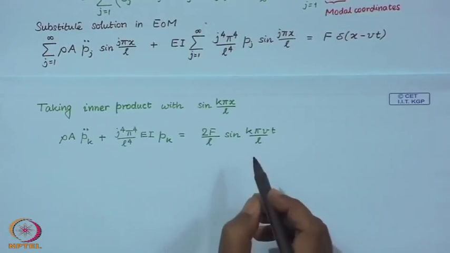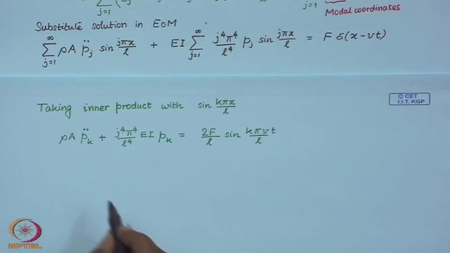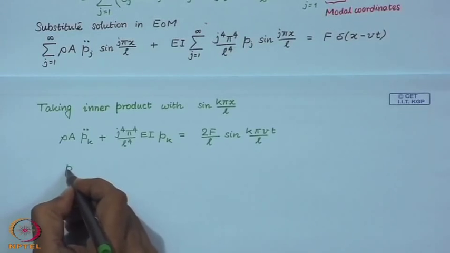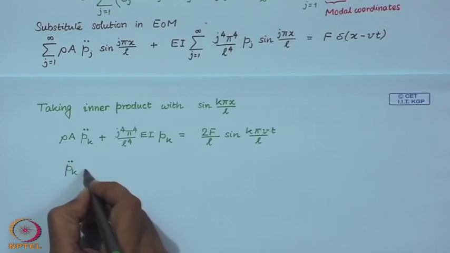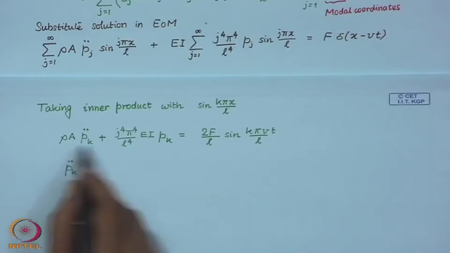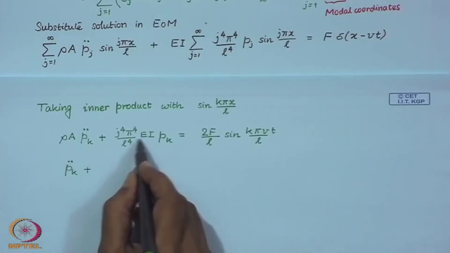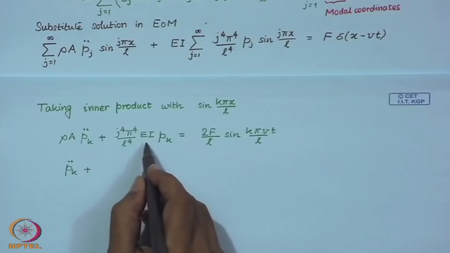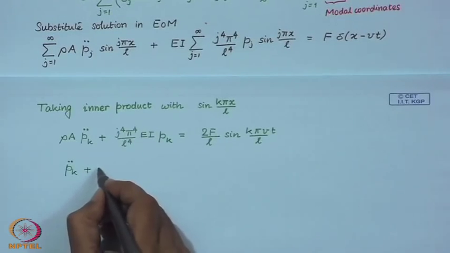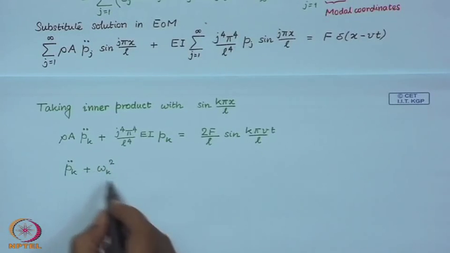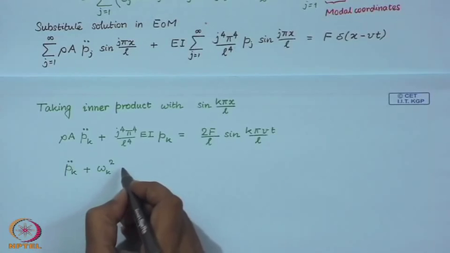Then we can rewrite this now by dividing throughout by rho A. So, this j power 4 pi power 4 by L power 4 E I by rho A, that is nothing but the square of the kth circular natural frequency of the beam.